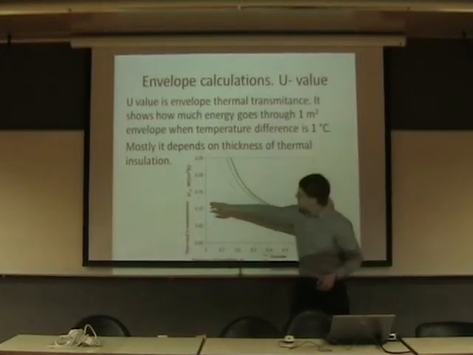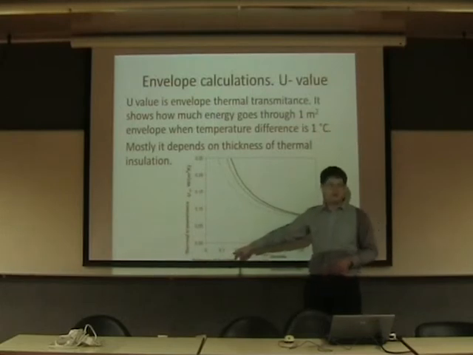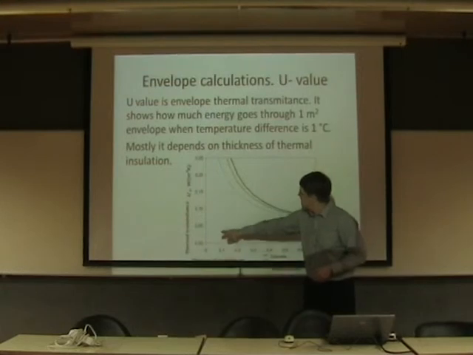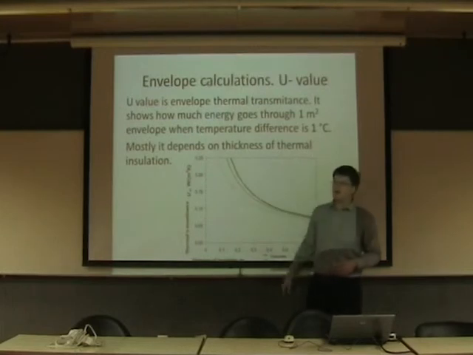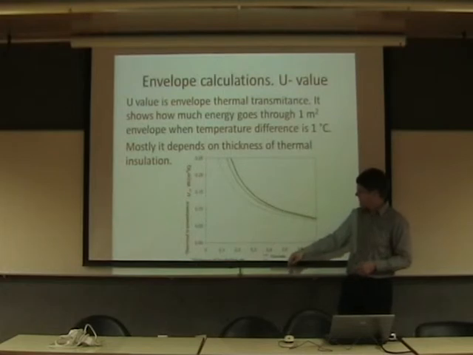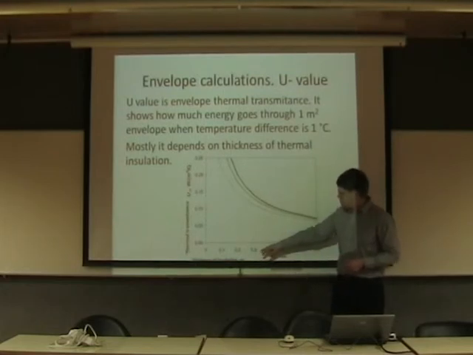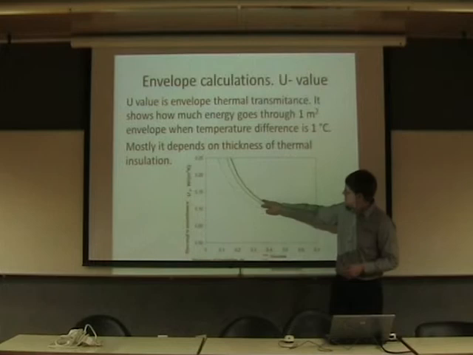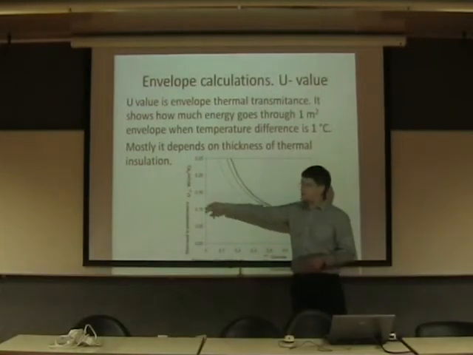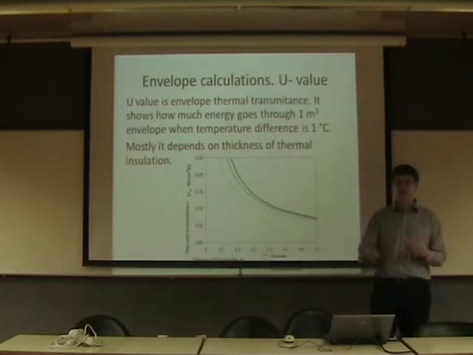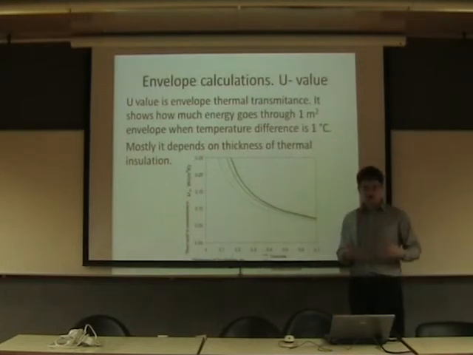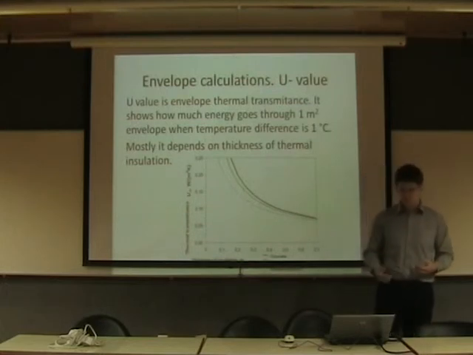We can see the U value here and how much thermal insulation we have. When we have 0.1 meter, the U value will be over 0.25. But when we put 300 millimeters of thermal insulation, it would be 0.40. It's very easy to understand with this graph which values we can achieve.